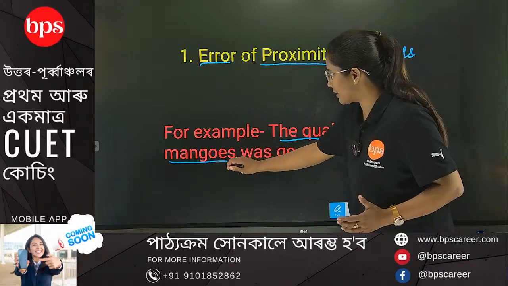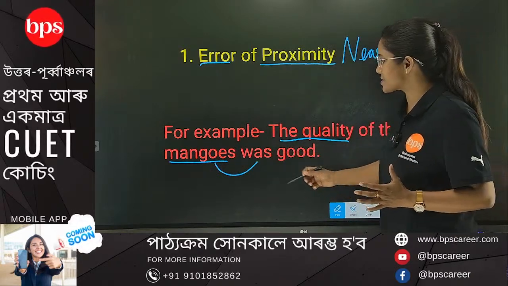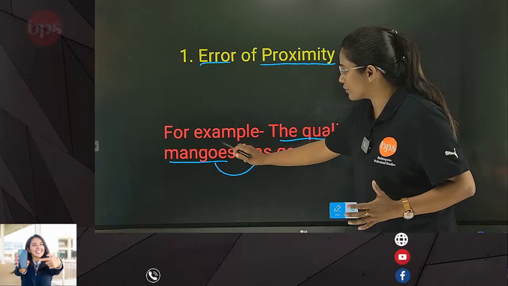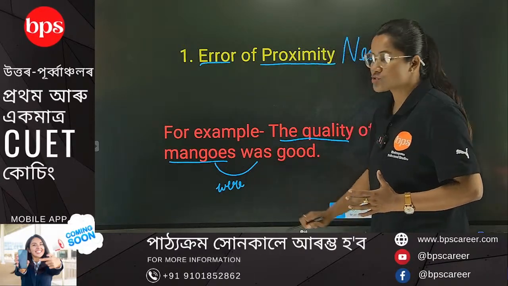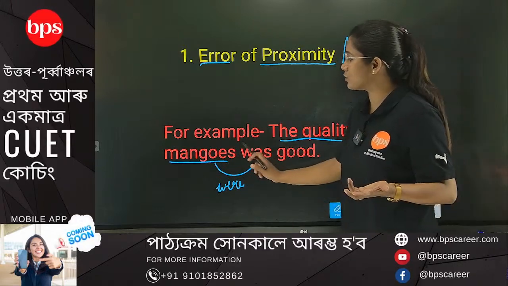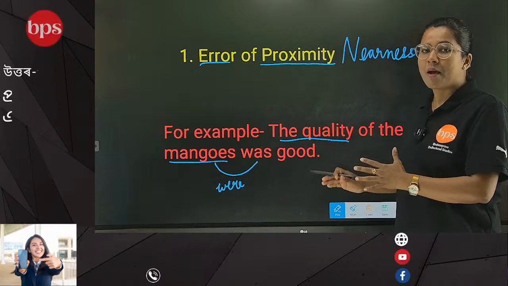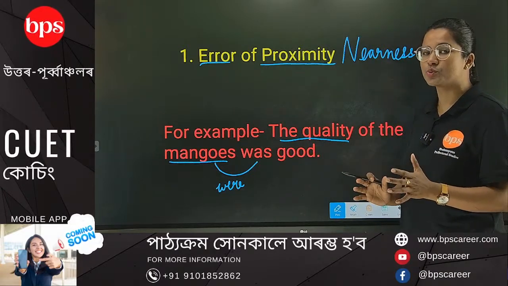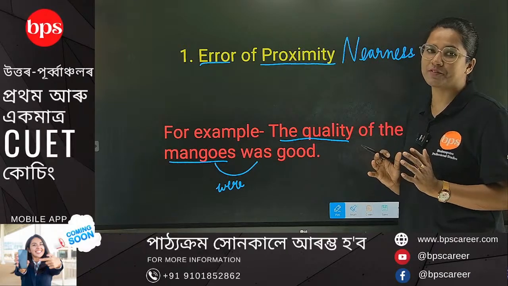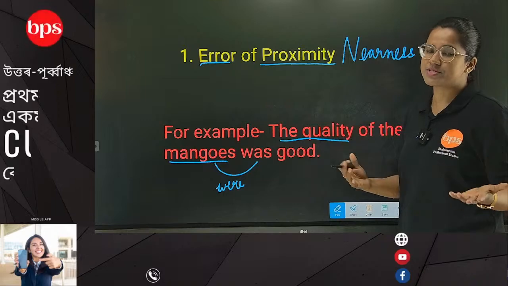But what happens here is, when we are trying to relate mangoes, we usually put were. So were is something which is related to plural, and when we see that mangoes is plural, we put were. But this is the common error or mistake which we usually make, and which we need to clarify and avoid making in our sentences.